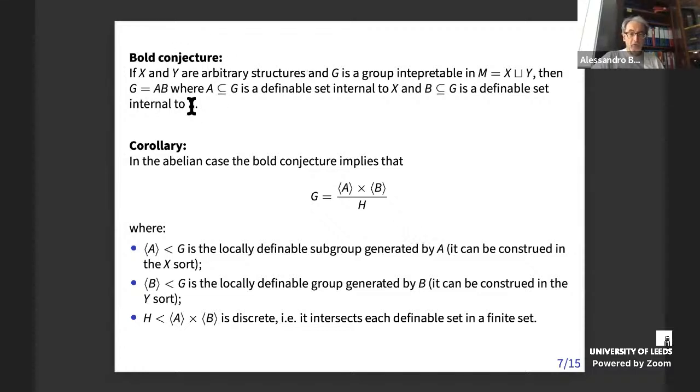So this is the bold conjecture that we want to discuss. And we will see that it's true. I mean, the main result is that the main conjecture is true if X and Y are o-minimal. This raises interesting questions, for instance, about possible generalizations.